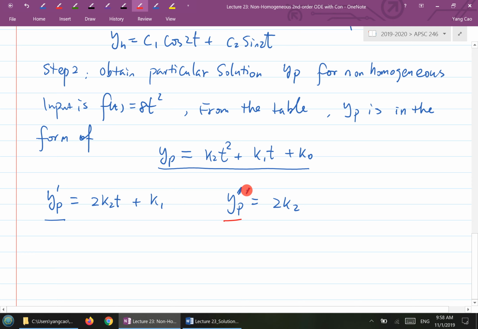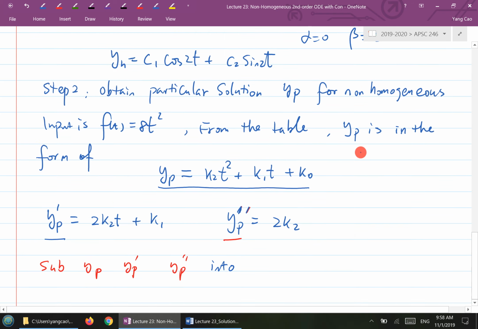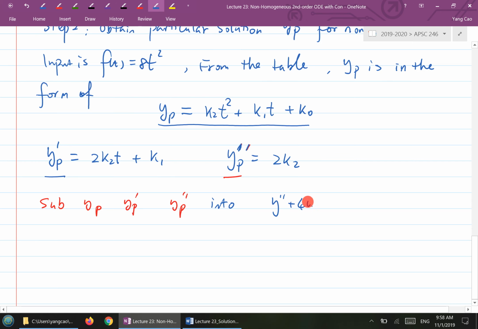The reason we're doing this is because yp is the particular solution you're looking for. And what does the particular solution mean? It means if you substitute the yp back into the second order non-homogeneous ODE, it should satisfy the original second order ODE, right? That's the point. So we sub yp prime and yp double prime into the original second order ODE, y double prime plus 4y equal to 8t squared.